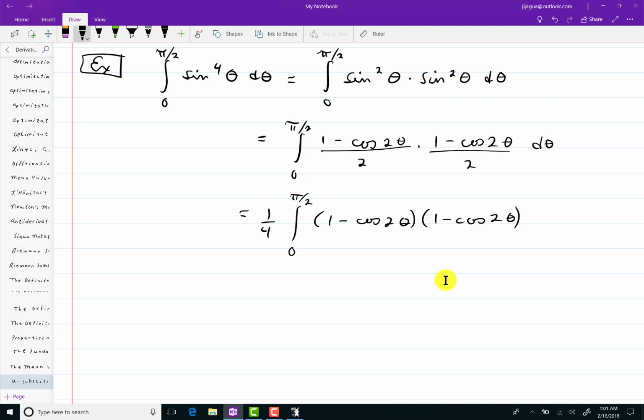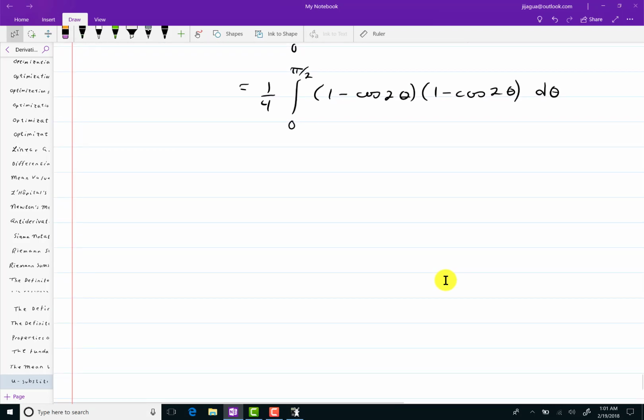Now, a lot of people might be looking at their screen right now, probably looking at it in horror that I might actually multiply this thing out. Yes, I am going to multiply it out. As horrible as that sounds, it's just the FOIL method. Let's see what happens.